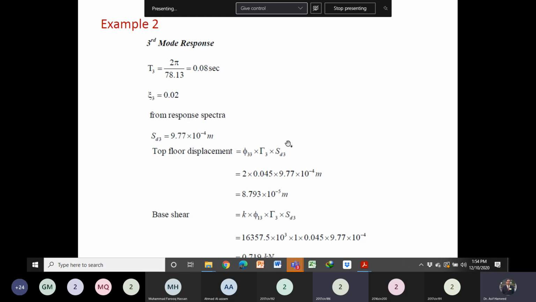Is there any relationship between the spectral acceleration and spectral displacement? Multiply by the time period? Son, we have already done this. Yesterday in the last lecture we discussed it. Spectral displacement, capital D, is related to A by omega n square.